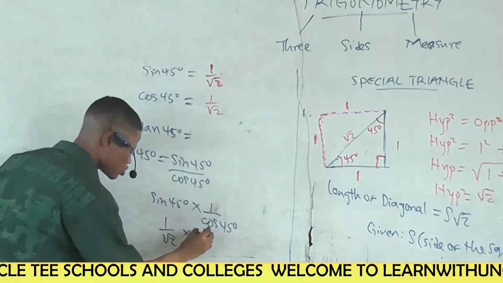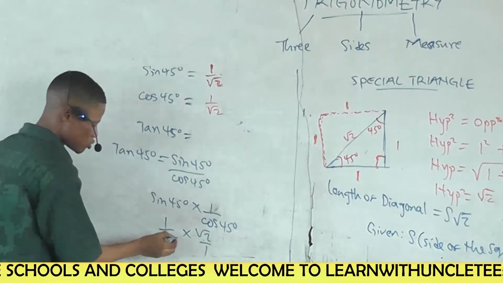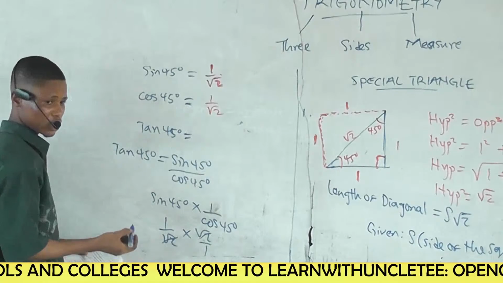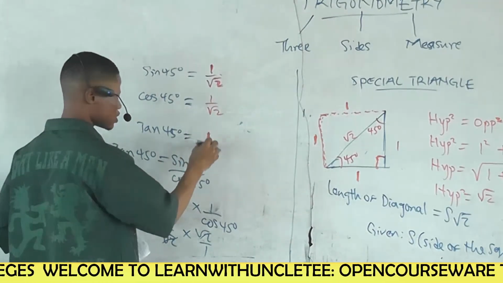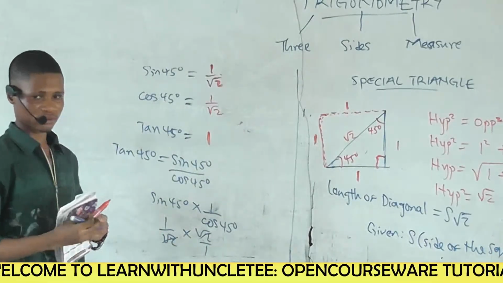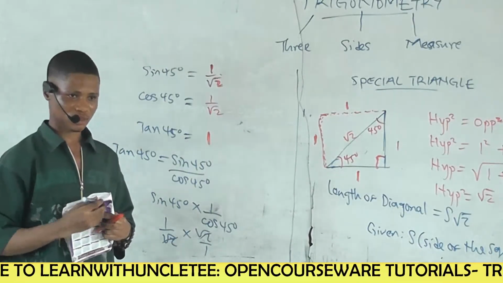Will be root 2 over 1. So root 2 we cancel root 2. Then you are left with what? 1. So tan 45 degree is what? 1. Are you getting it?